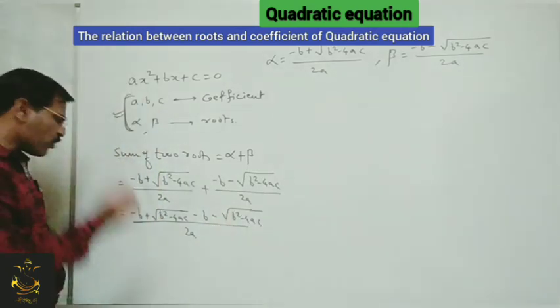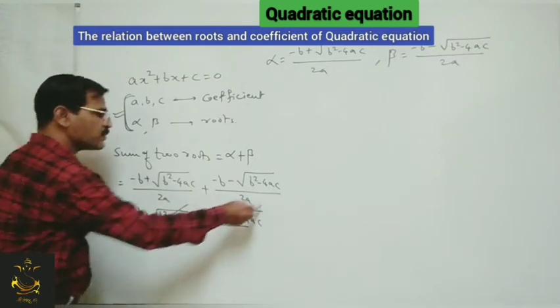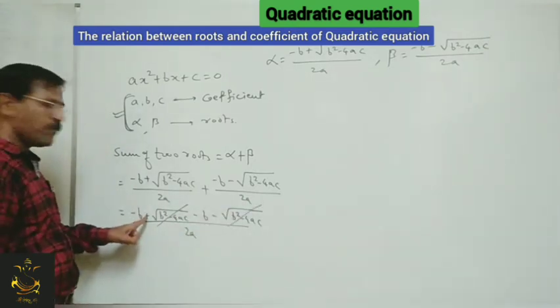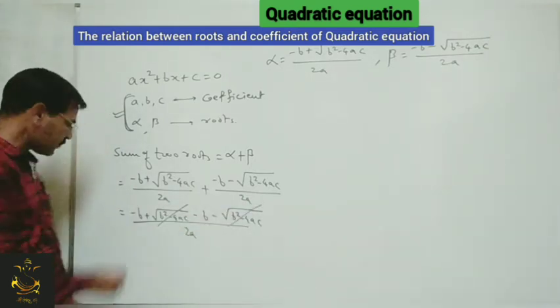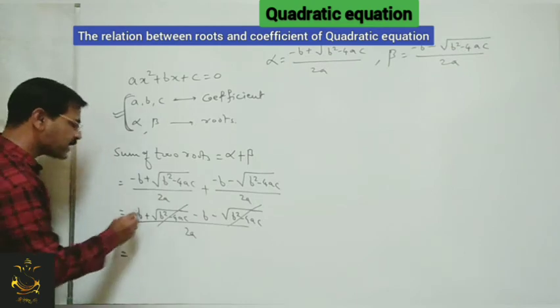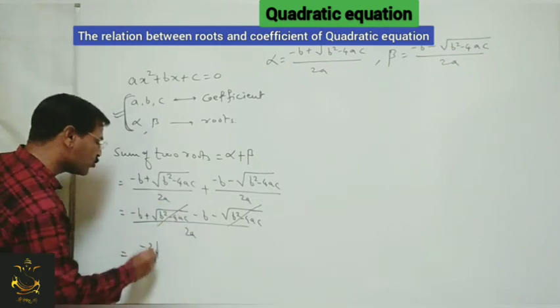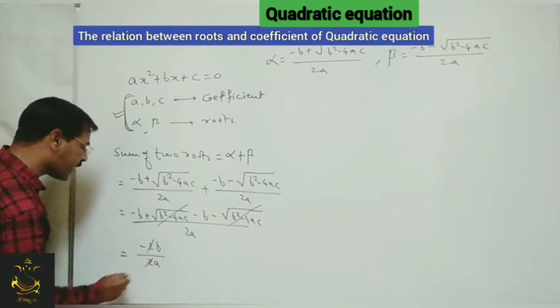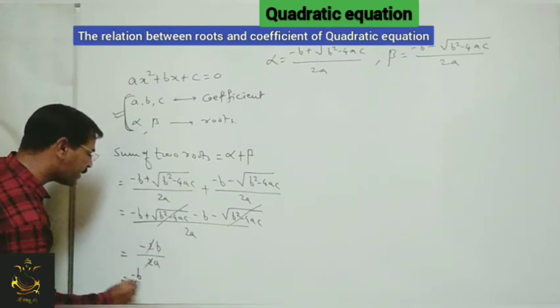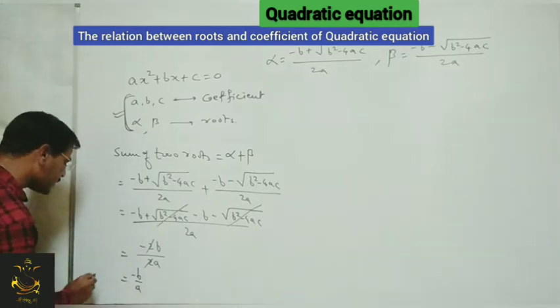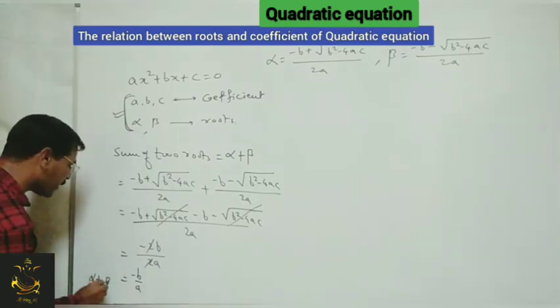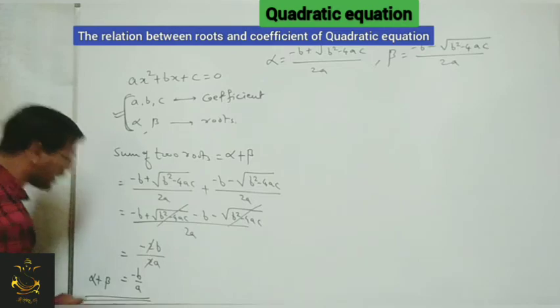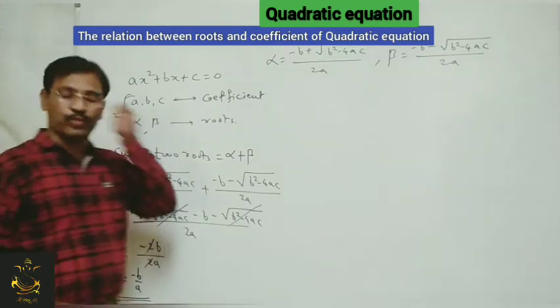Observe, by observing, these two terms get cancelled because they have plus and minus signs. Now look here. Minus b, minus b is minus 2b upon 2a. Yes, these two get cancelled. Here it is minus b upon a. What is this? This is nothing but alpha plus beta, which is the sum of two roots.